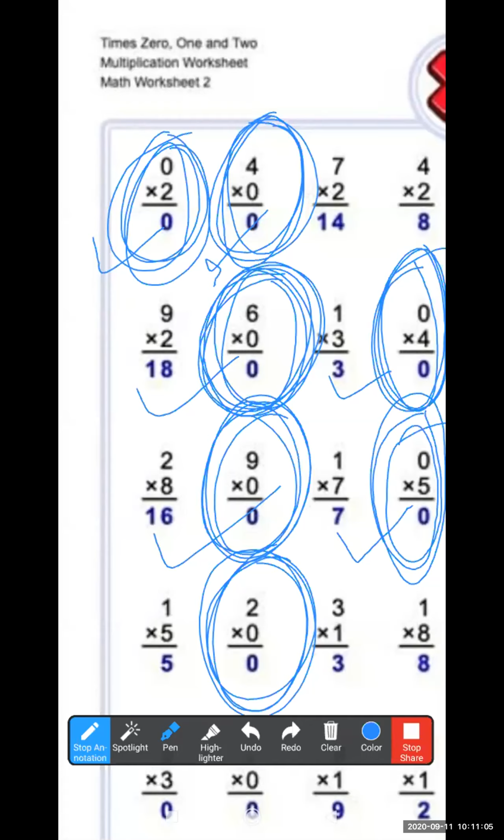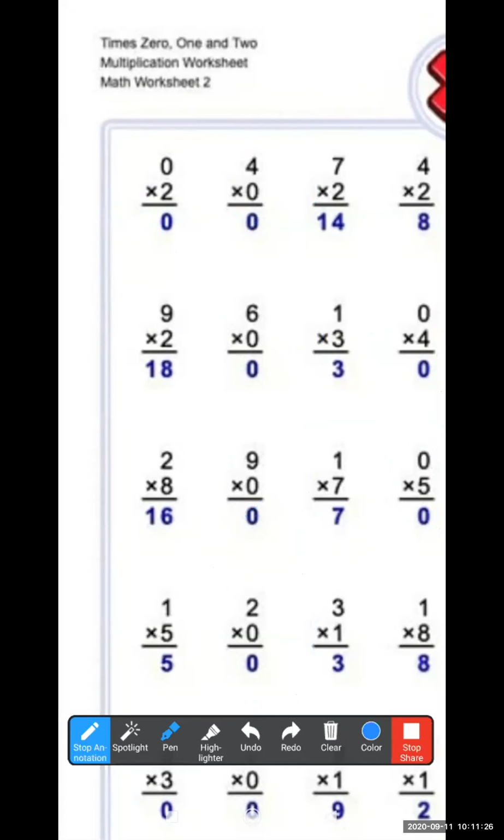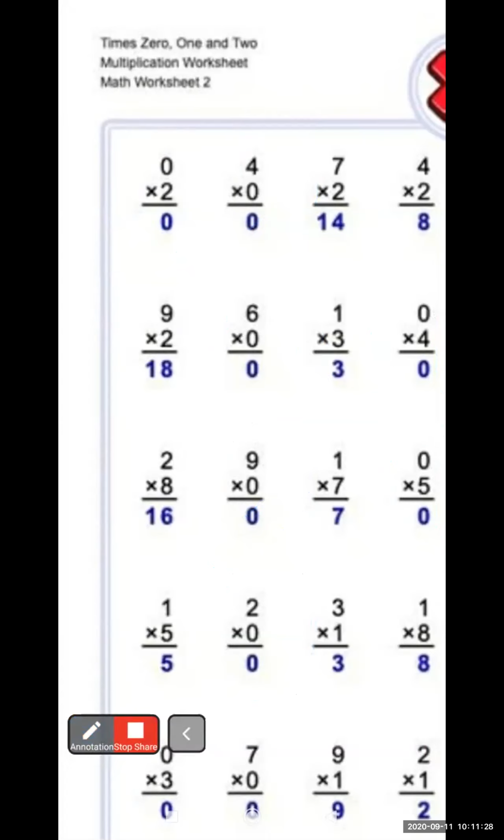If we multiply any number with 0, or if we multiply 0 with any number, अगर हम 0 से किसी भी नंबर को मल्टीप्लाई करते हो या फिर किसी भी नंबर से 0 को मल्टीप्लाई करते हो, then we get answer 0. Right? If we multiply any number with 0, the answer is always 0.